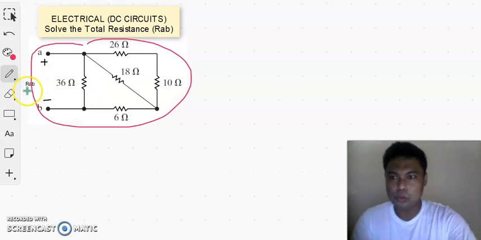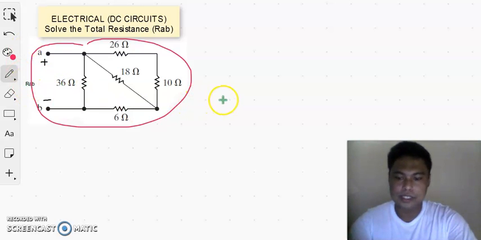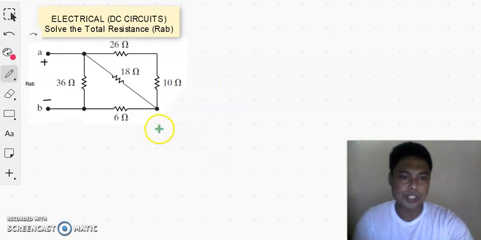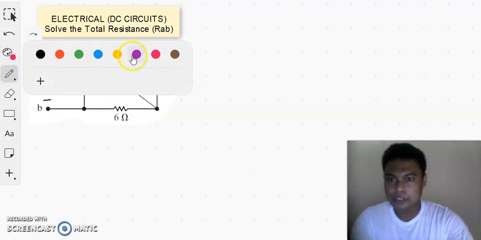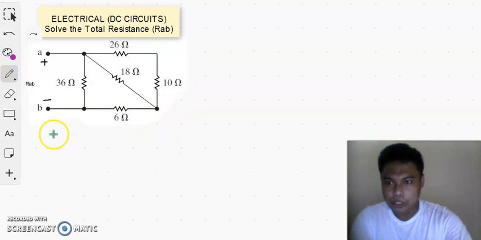So for you to easily understand the circuit, we're going to read through it. So we have, this is 36.